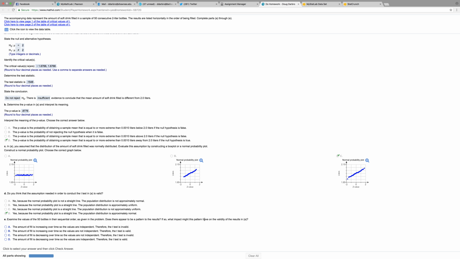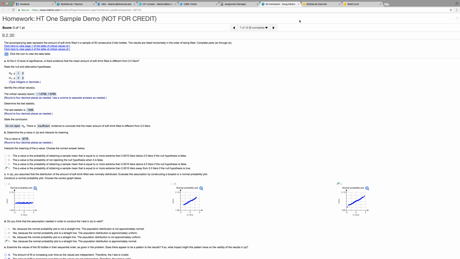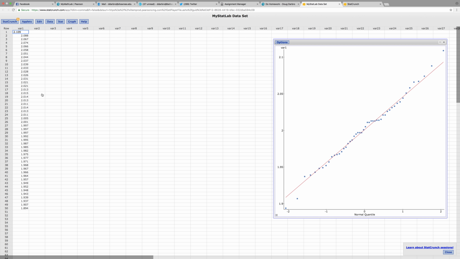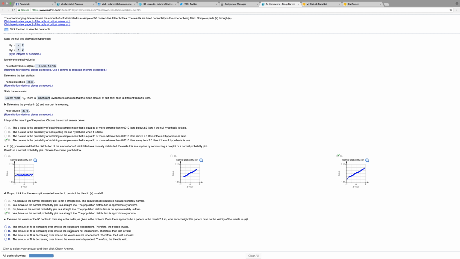Examine the values of the 50 in sequential order as given in the problem. Does there appear to be a pattern in the results? Well, let's look at the numbers. Looks like they're decreasing. So the amount is decreasing over time, so the values are not independent.